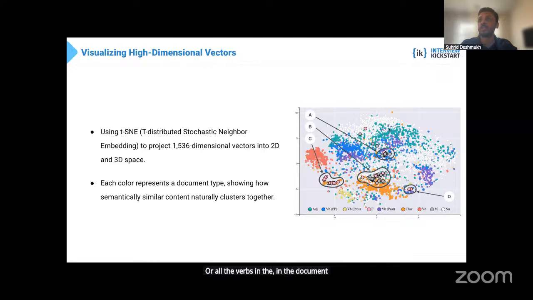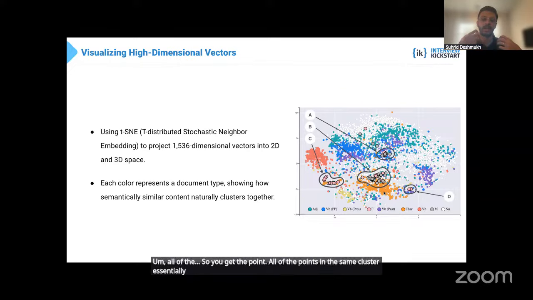All of the green dots are the adjectives. All of the white dots are nouns, for example, and so on. So you get the point. All of the points in the same cluster essentially combine a meaning which is something similar.